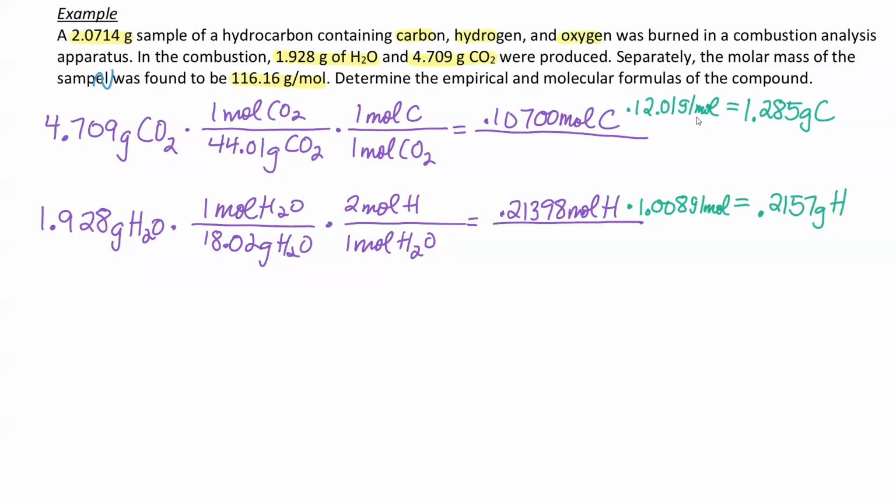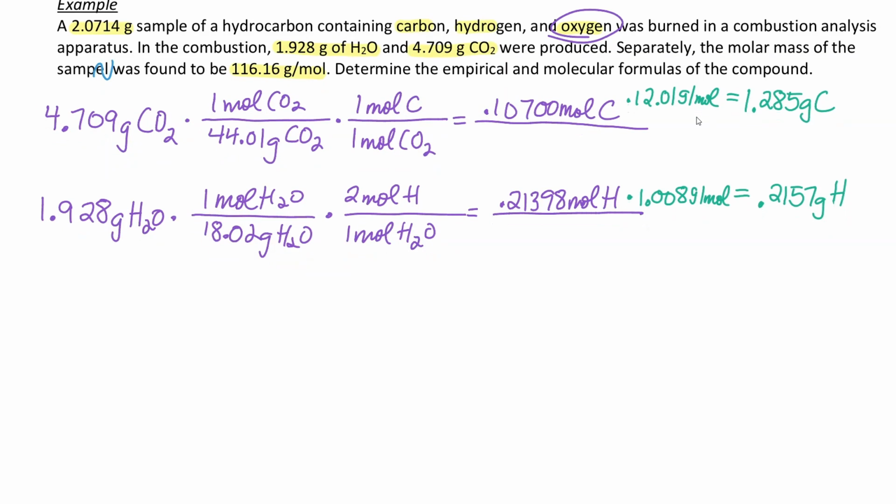Now, here's where we are doing our new part. To find the mass of the oxygen, we have to find it by difference. So we're going to take the total mass of the sample, 2.0714 grams, minus the mass of the carbon, 1.285 grams of C, minus the 0.2157 grams of hydrogen, which should give me 0.5707 grams of oxygen.